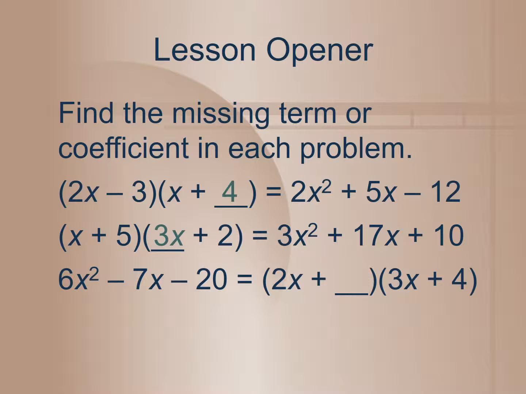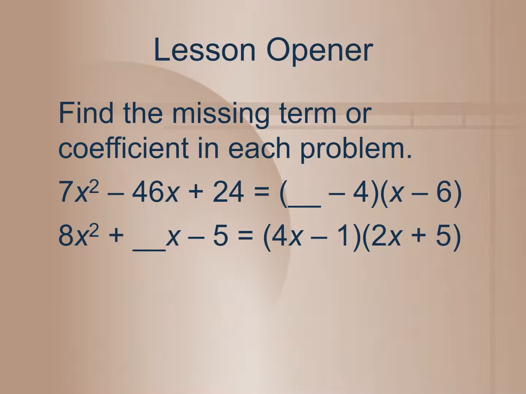So from 8x, we have to get negative 7x. To get all the way from 8x to negative 7x, we're going to have to multiply something by 3x to get there. So let's see, 8 minus 15 would get us negative 7. So what times 3x will get us negative 15? Well, we'd have to do negative 5.